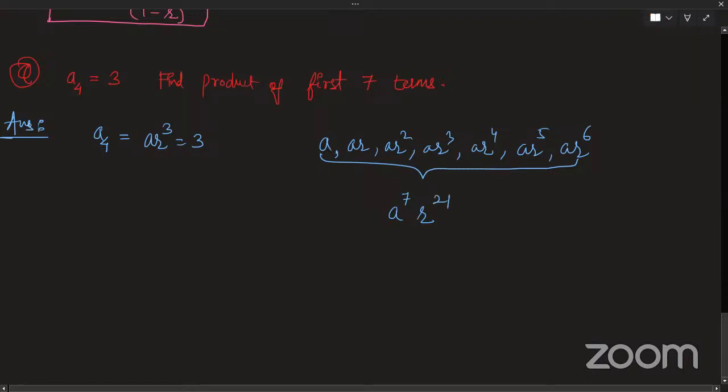We can check: 1 plus 2 plus 3 plus 4 plus 5 plus 6 is 21. So basically it is the seventh power of AR cube. A raised to 7 and R raised to 21 is AR cube to the power of 7. In other words, 3 raised to power 7. I got my answer: 3 raised to power 7.